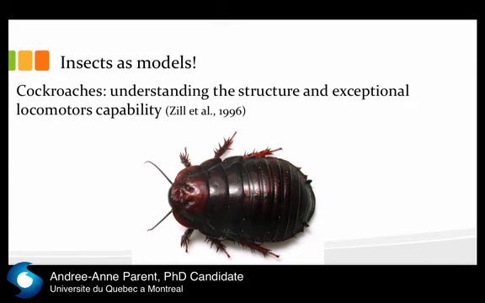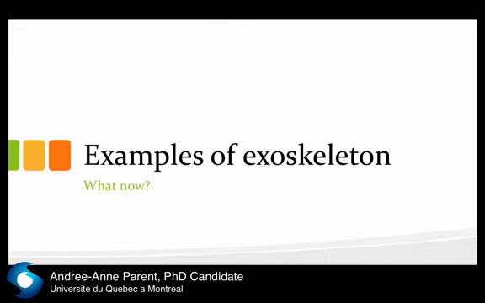We try to understand the structure and the exceptional locomotor capacity, because they have a big, really strong structure, but we don't understand how they can move so fast with this kind of exoskeleton.